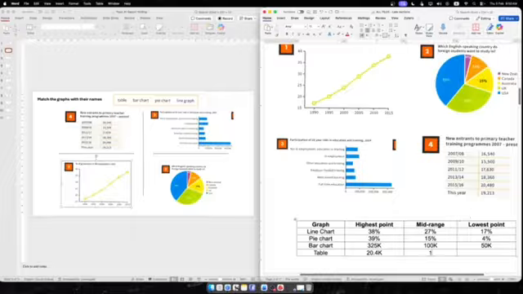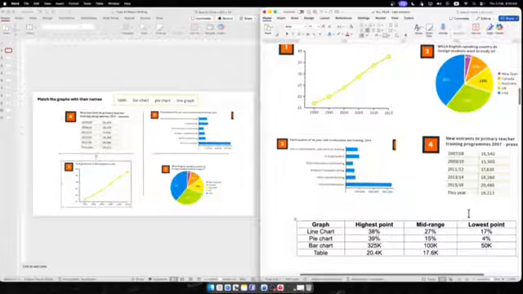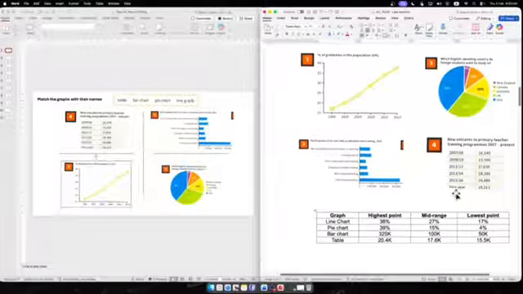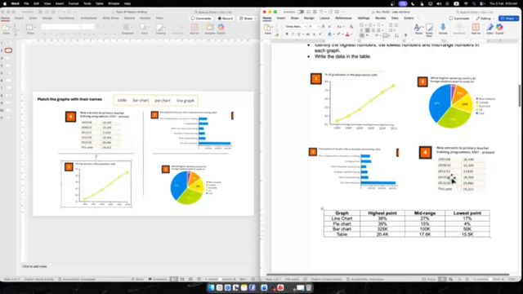I'll go with 17.6, sorry. So that is, I think, the best middle ground that we can have here. And the lowest one is 15.5K.